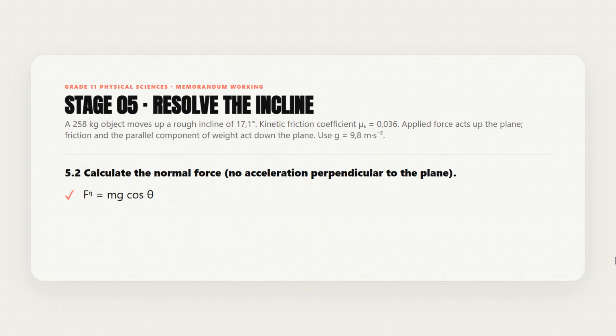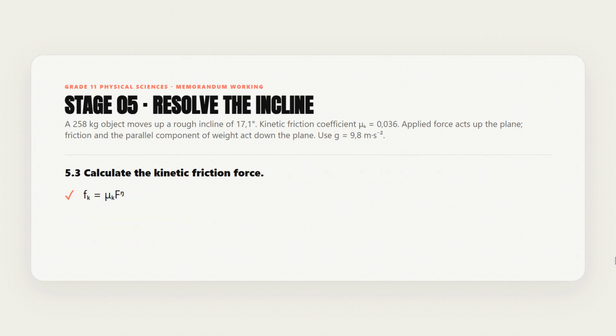Question 5.2. Calculate the normal force. There is no acceleration perpendicular to the plane, so the normal force balances the perpendicular component of weight. Fn equals mg cosine theta. Substitute 258 times 9.8 times the cosine of 17.1 degrees, which gives 2416.6 newtons.